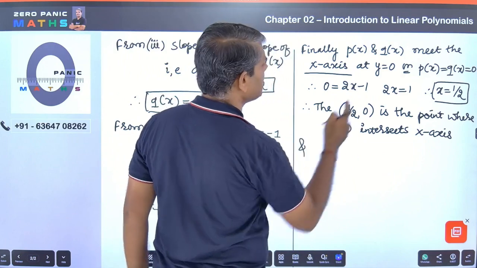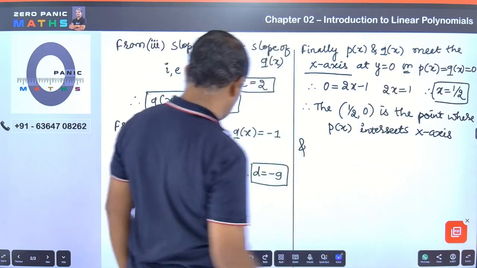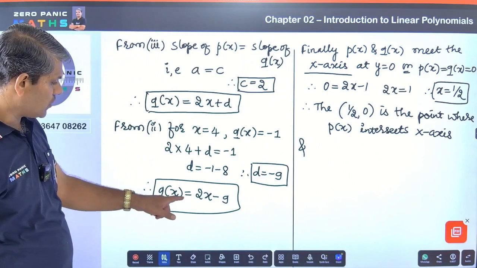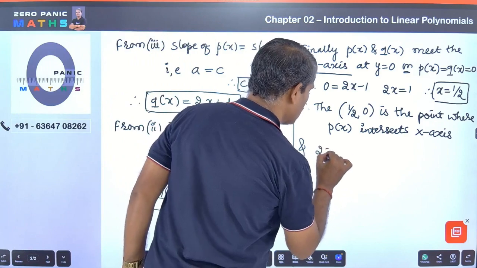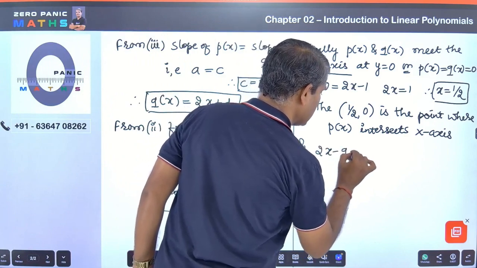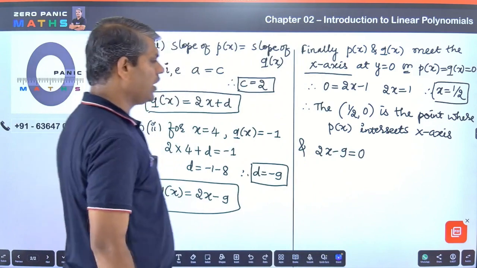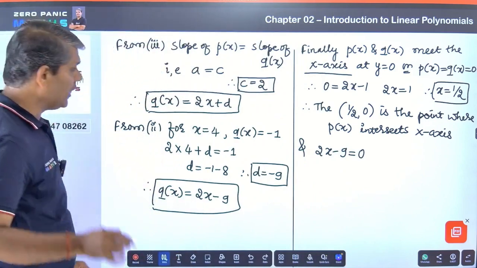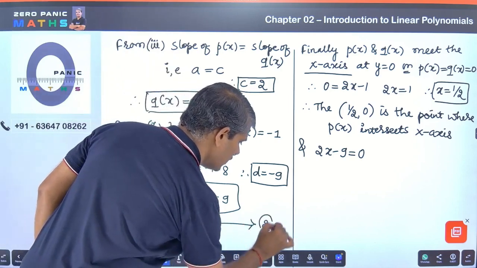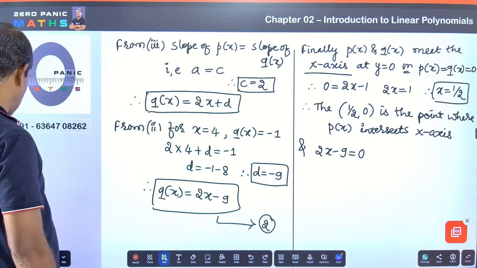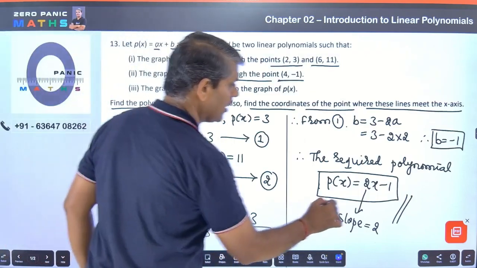Similarly, I can substitute y is equal to 0, or q of x is equal to 0, in this equation. I can say similarly, 2x minus 9 is equal to 0. Now if you are getting confused, let me give the name equation 2 to this. This is from equation 2 and this is my equation 1.